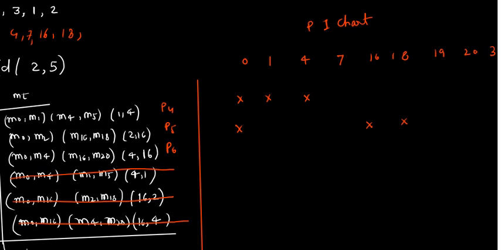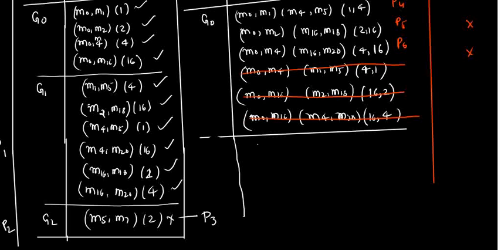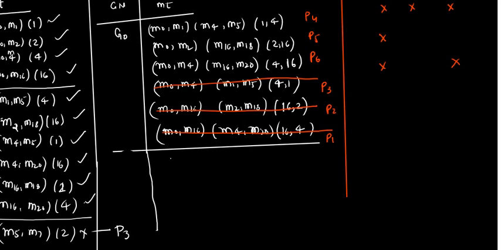Then 0, 4, 16, 20. Next, one thing we have noticed is that 7 is not a don't care, so we need to include it, right? So now for P3, we have to write P1, P2, P3 here. You can make a separate PI chart also if you want.